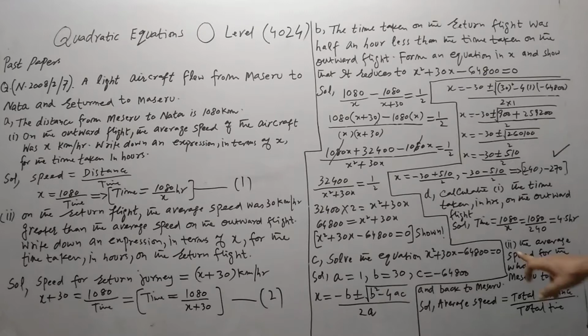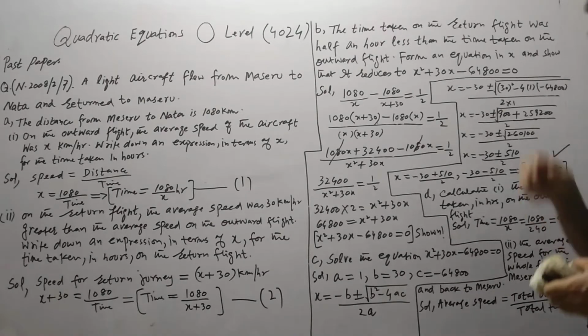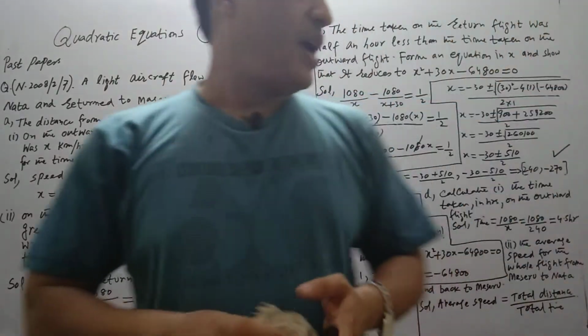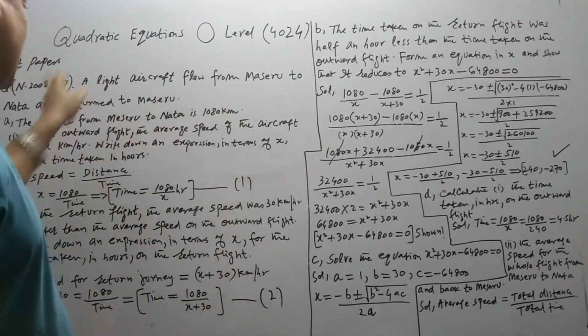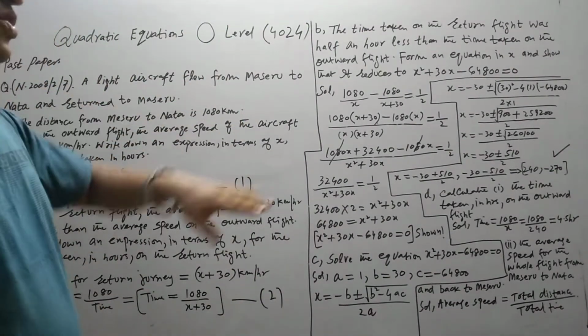Now see part 2. Part 2 is calculate the average speed for the whole flight from Maseru to Nata and back to Maseru. We have to find the average speed of the whole journey from Maseru to Nata and from Nata to Maseru.